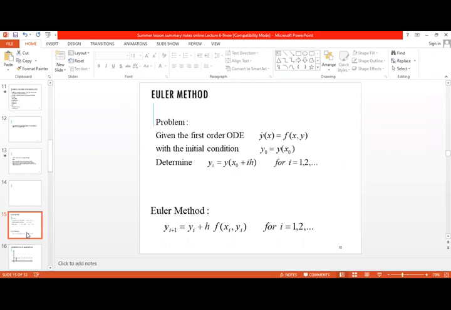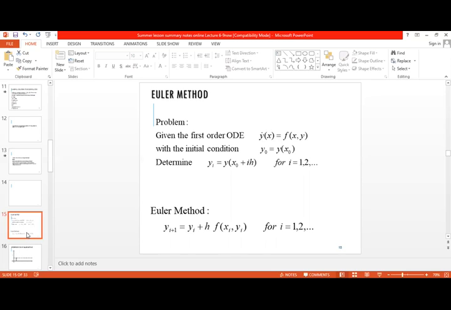We'll also be looking at the Runge-Kutta approximation techniques, and then we'll see how to also write algorithms or programs which will implement these numerical procedures for finding the solution to the differential problem.